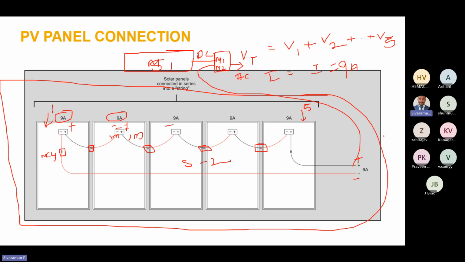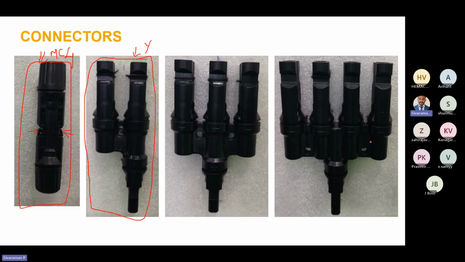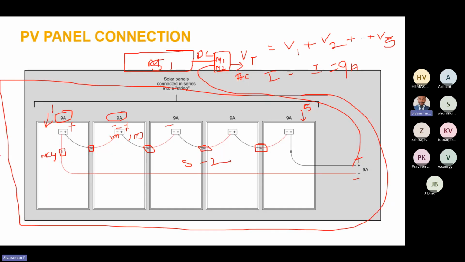So our inverter is located some 20 meters away. For that, we have to use the MC4 connector and extend the cable. Solar PV cables are available especially for solar PV systems. For your information, for the cables used on the DC side of the solar system, we have to use only cable meant for solar applications.